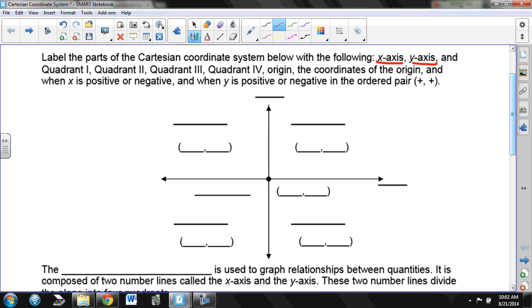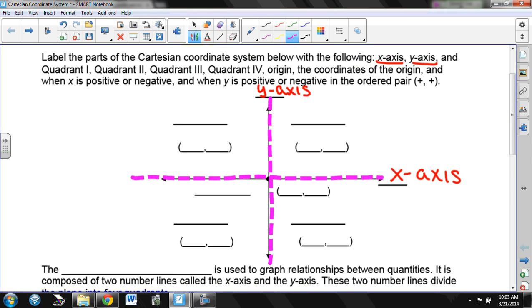The x-axis is the one that goes left and right, here. The y-axis is the one that goes up and down. So the y-axis is here.